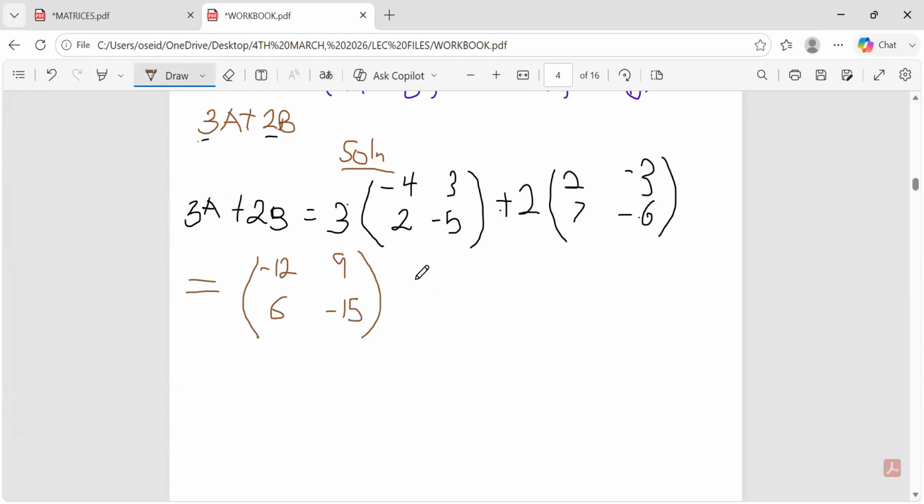Plus the 2. So 2 times 2 gives us 4. 2 times 7 will give us 14. 2 times -3 will give us -6. Then 2 times -6 will give us -12.